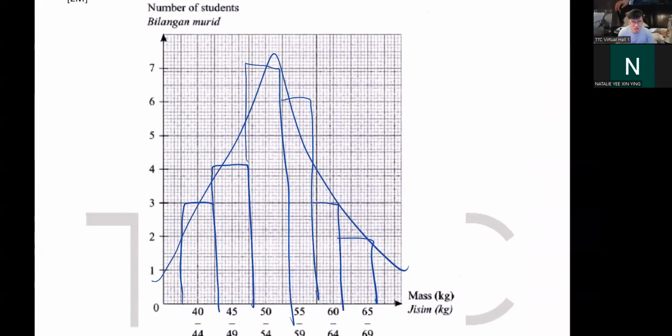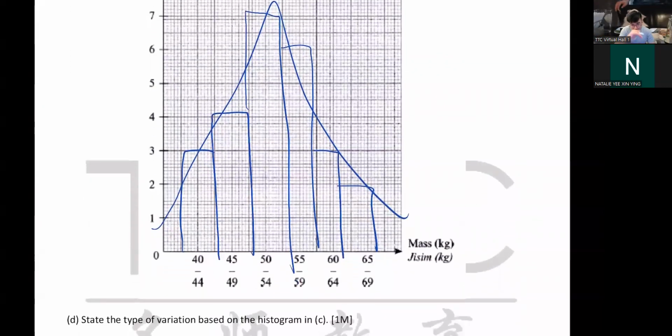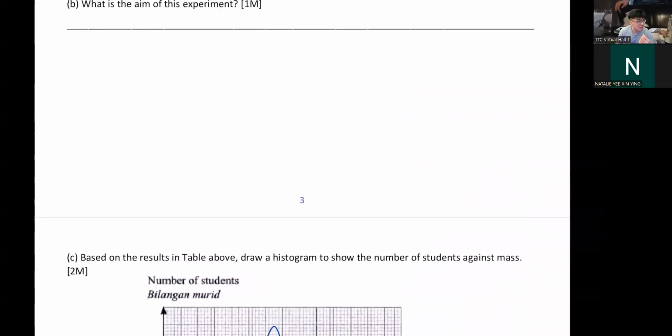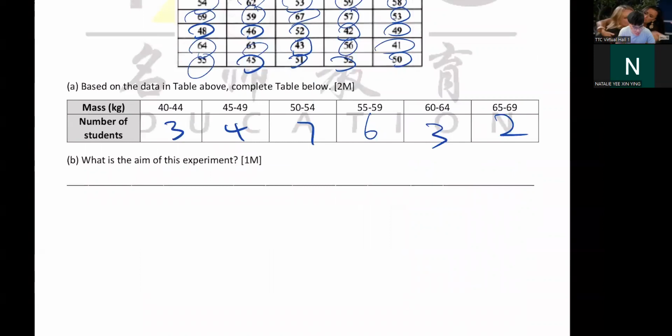So this is what we call continuous variation. I'm sure you can understand the reason, because it's continuous. For example, this is weight, the mass. Body weight and body height are continuous variation. Oh, I missed this already. What is the aim?